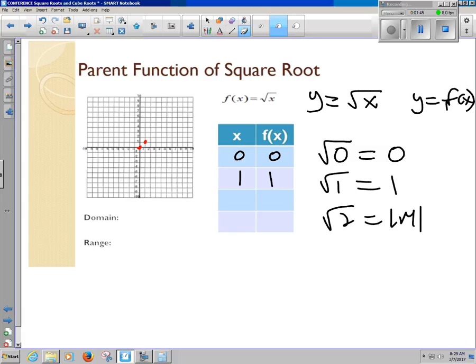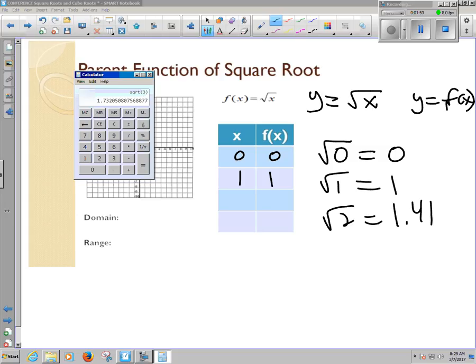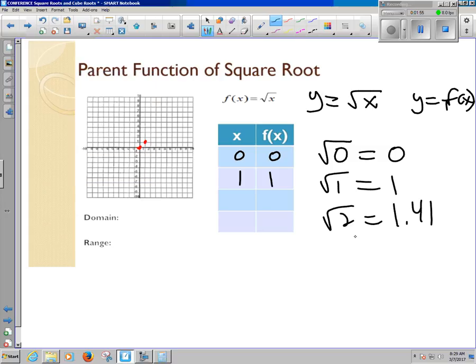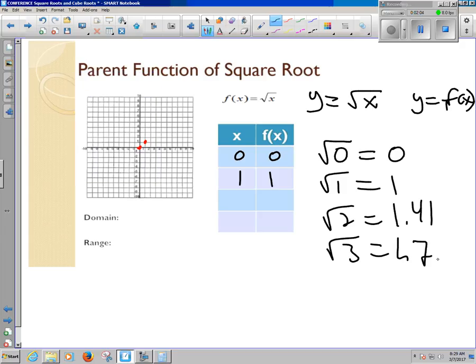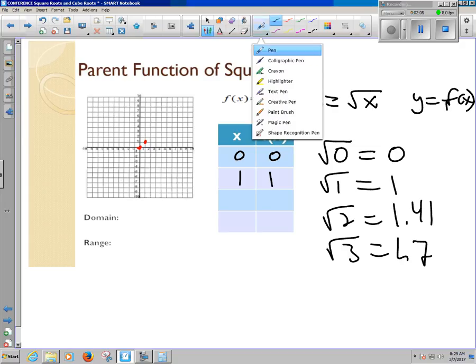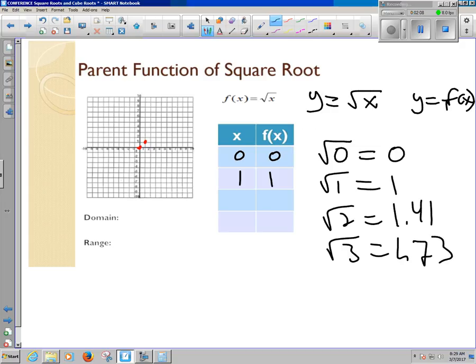And then the square root of 3 is 1.73. Now, obviously, if you just plotted these 2 points, you might think it's a line, but as we plot a couple more, we can see it's not.